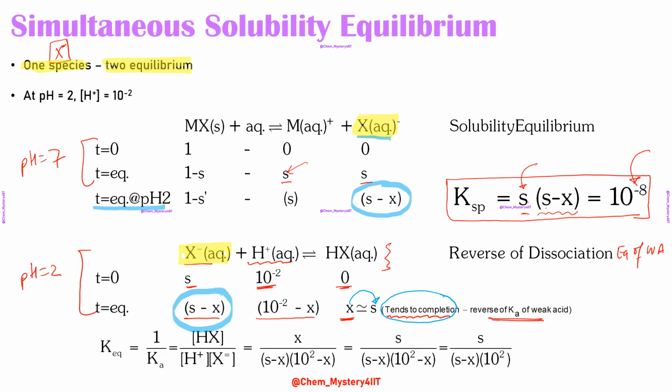Now applying this to the K equilibrium, because the second reaction is the kind of equilibrium where we have written 1 by Ka. 1 by K turns out to be the concentration of HX by the concentration of H plus and the concentration of X minus.